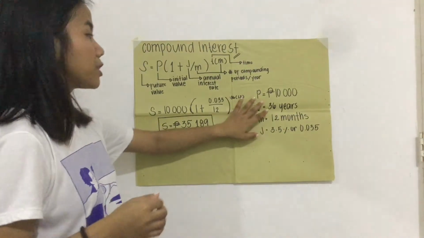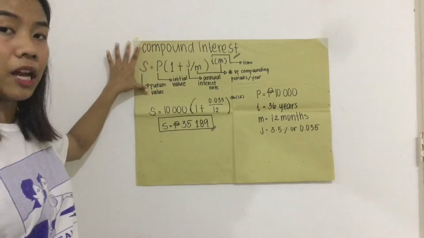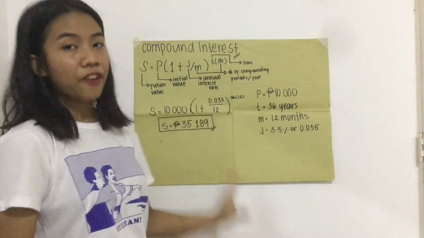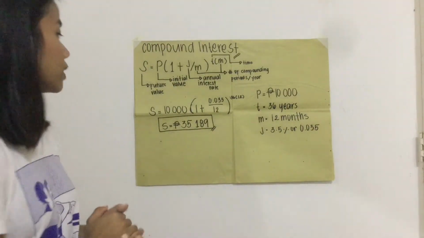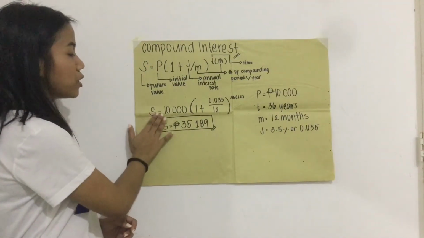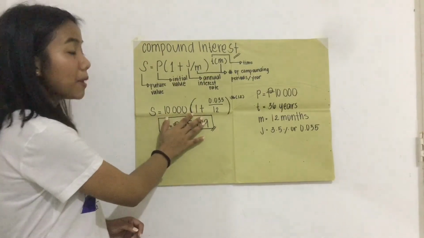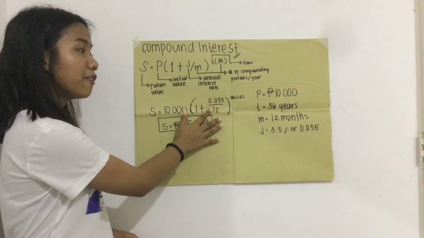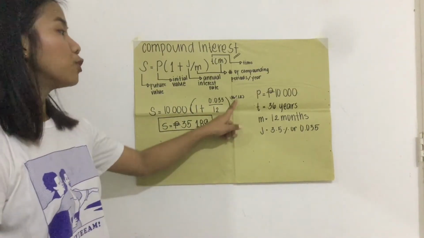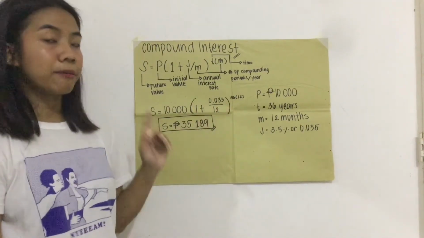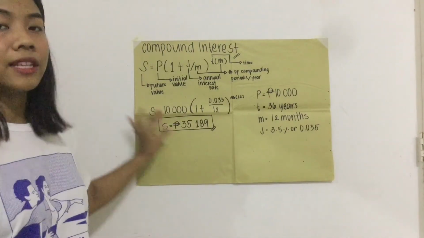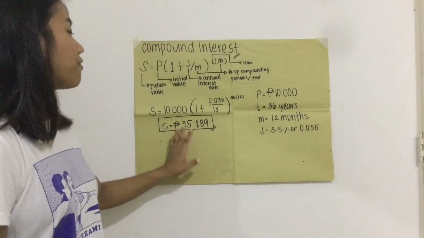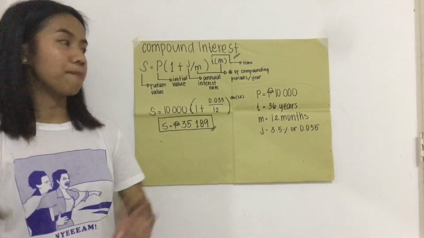Now let's use this formula and find the answer. S is equal to 10,000 open parenthesis 1 plus 0.035 over 12 close parenthesis raised to 3 times 12. Input this into your calculator and you will get 35,189.